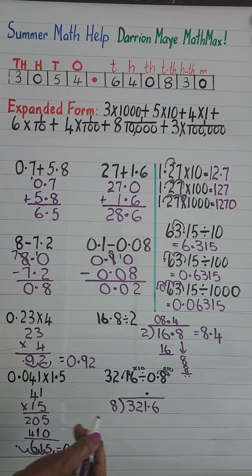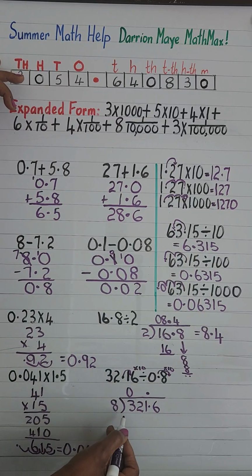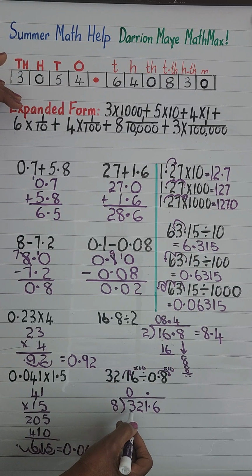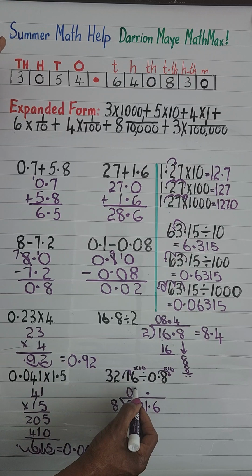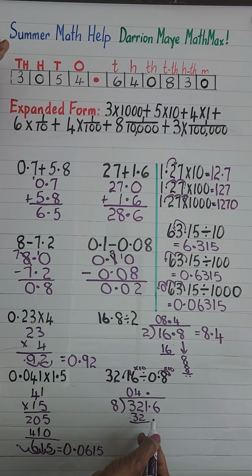How many times can 8 go into 3? 0 times. How many times can 8 go into 32? 4 times. 4 times 8, 32. Subtract, nothing. Bring down the 1.